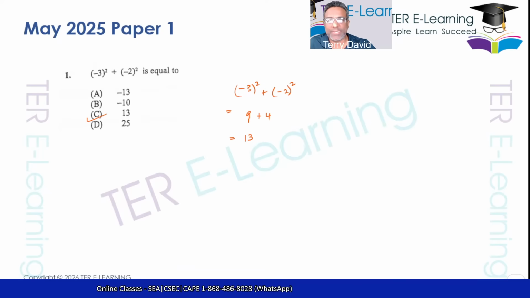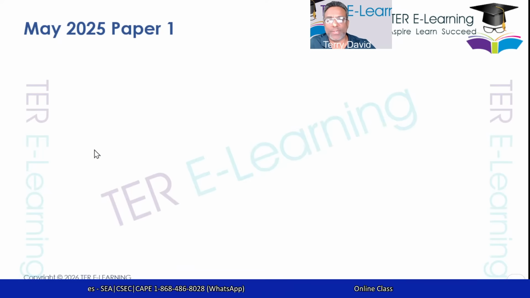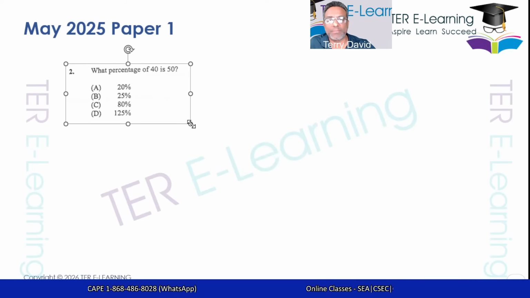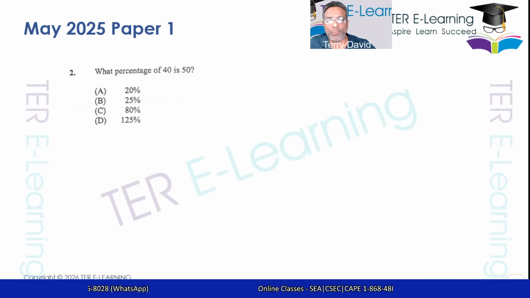For example, this next one, question 2. This is a question I could see students getting wrong in the exam. What percentage of 40 is 50? What do you all think is the answer for this question? This is actually a trick question.